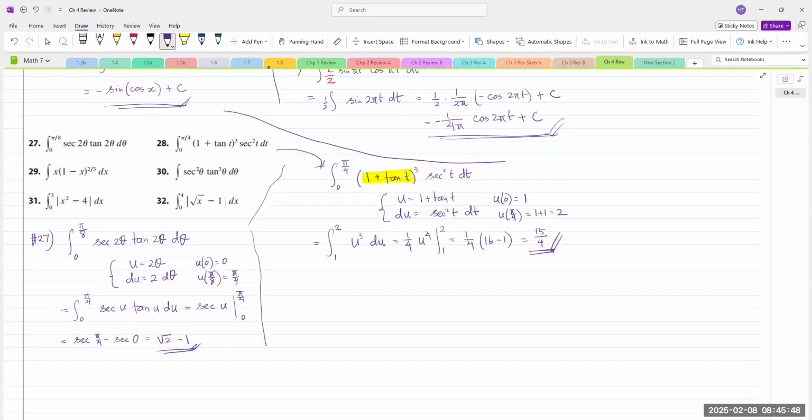Remember, if you apply the substitution method to a definite integral, the u sub converts the limits. I keep on saying it's a limit of integration because it is, okay? But when you say limit of integration, it refers to the interval actually. Okay, number 29.